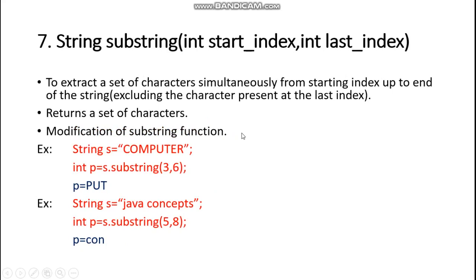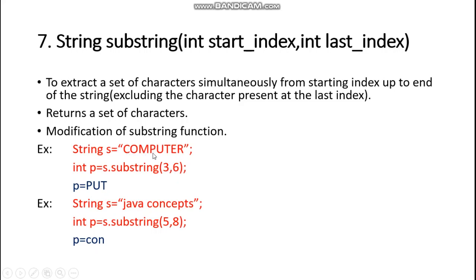And next one is a modification of the substring. That means I can give the last index value also. So here I'm using the first index value as 3 and the last index value as 6. So I'm starting from 3: 0, 1, 2, 3.